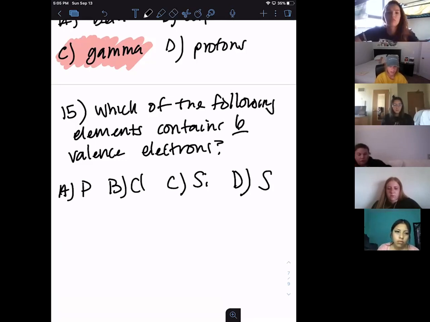Do we know what a valence electron is? The outermost electrons in the shell. Right. So how do we find that? It's the same as whatever group number it is. So like group 6. Exactly. And what's a group number? And how do I find a group number? Group numbers are along the top of the periodic table. So what group number is oxygen? 6.